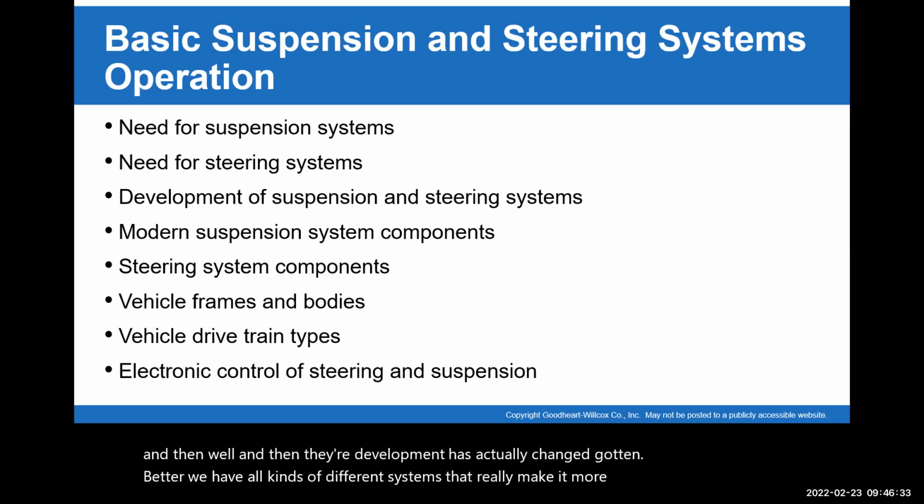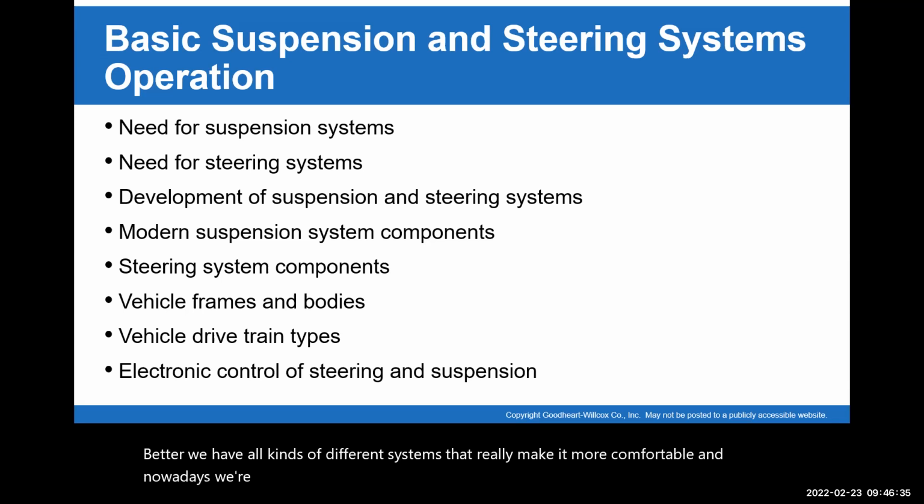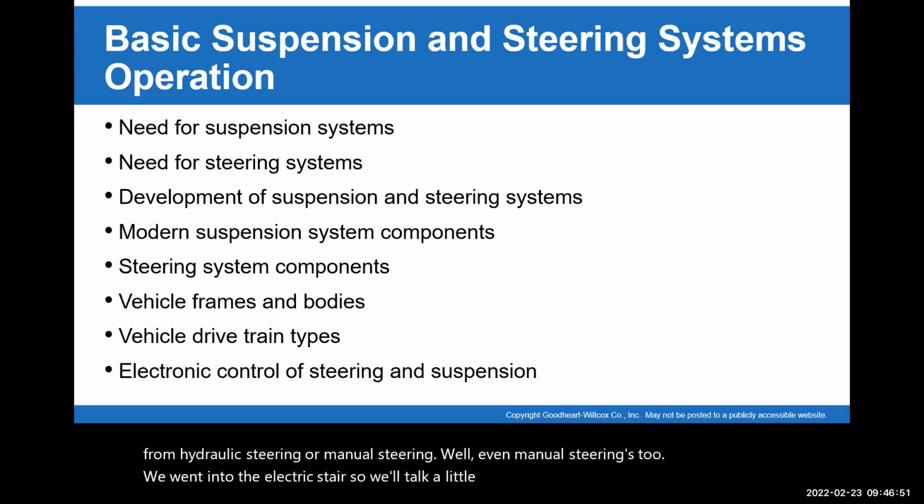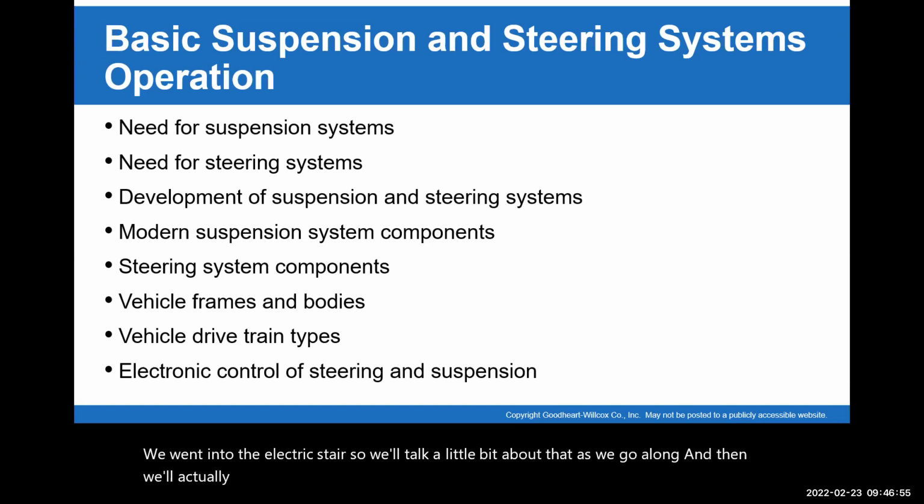We've moved primarily away from hydraulic steering or manual steering, well, even manual steering too. We went into electric steering, so we'll talk a little bit about that as we go along, and then we'll bring that over to its own little section.